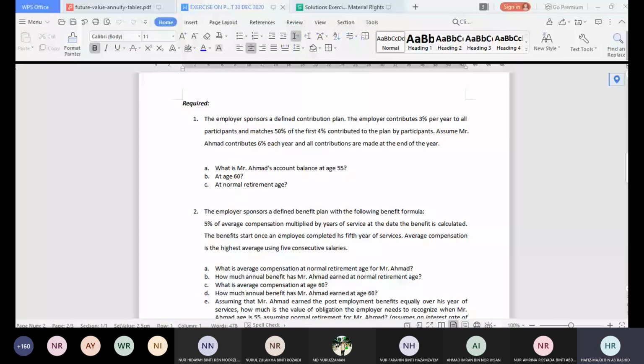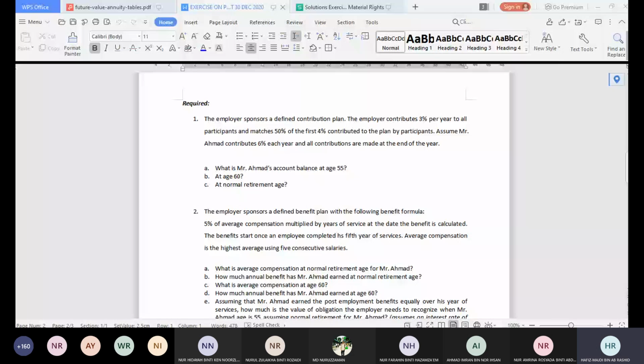The other complication here is that the average compensation is calculated as the highest average using 5 consecutive annual salaries. I will show you in the answers. So this is the answers.